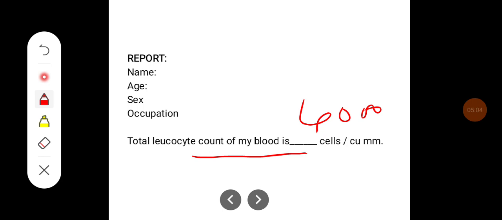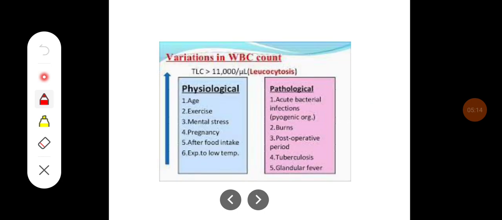The normal WBC count is around 4,000 to 11,000 cells per microliter or cubic millimeter of blood. There can be variation in the WBC count. When the total leukocyte count increases more than 11,000 per microliter, it is called leukocytosis. There can be physiological or pathological causes of leukocytosis.